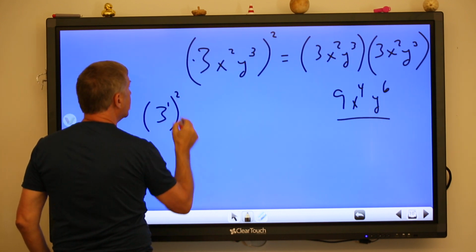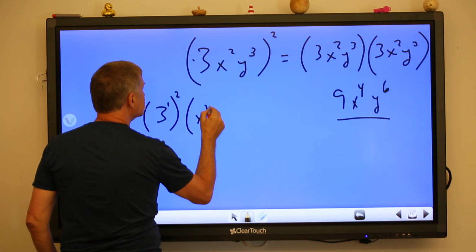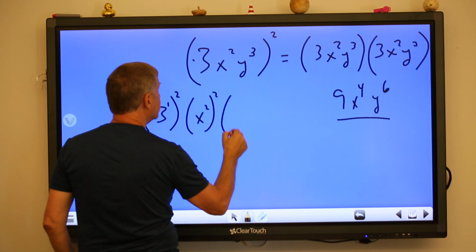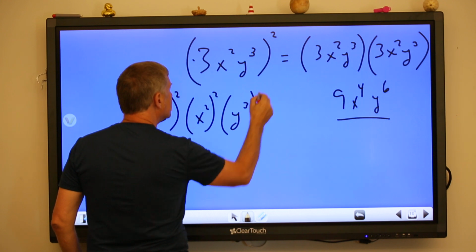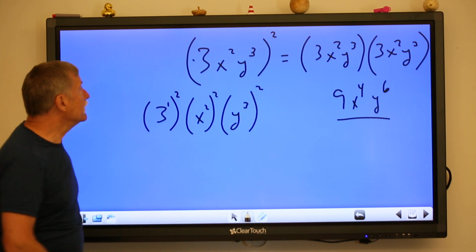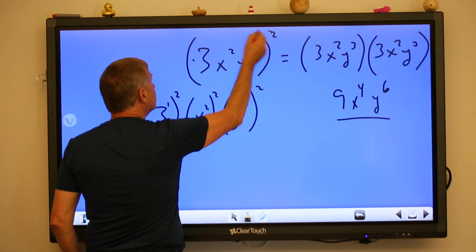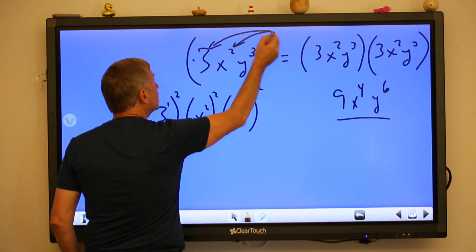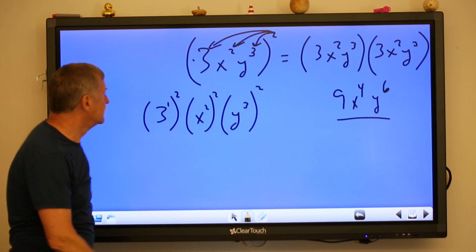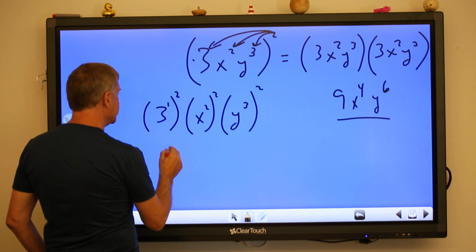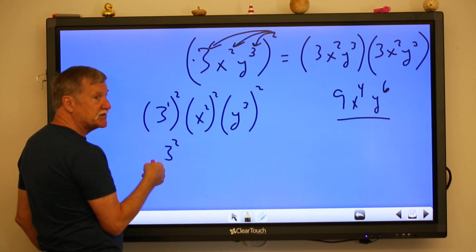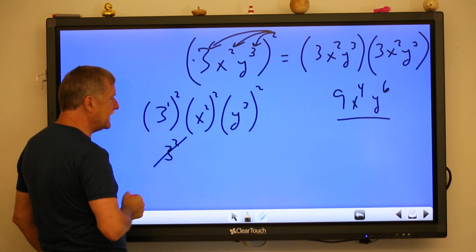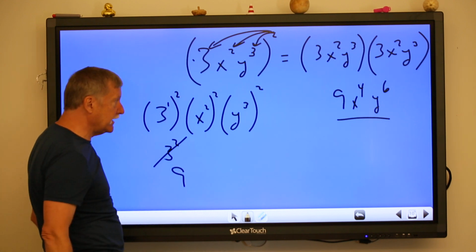Or I could do another method, which is to understand that this is 3 to the 1st squared times x squared squared times y to the 3rd squared. In other words, I'm multiplying all the exponents here times 2. 2 times 1 says I got 3 squared, which is not simplest terms. Don't ever leave it like that. If you can simplify it, just write 9.